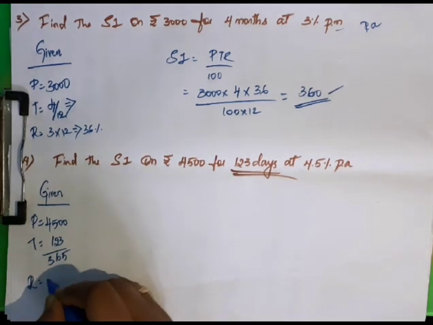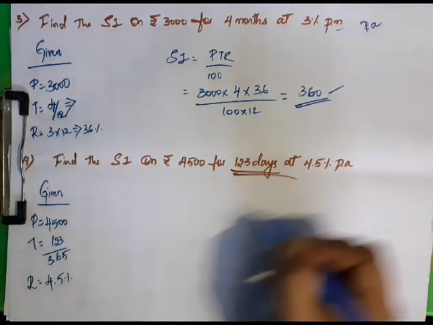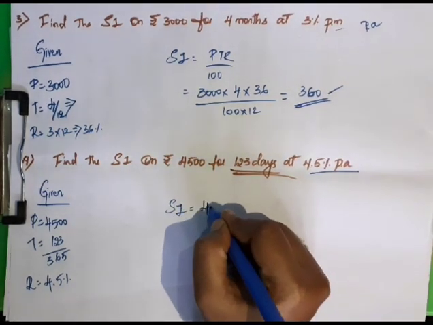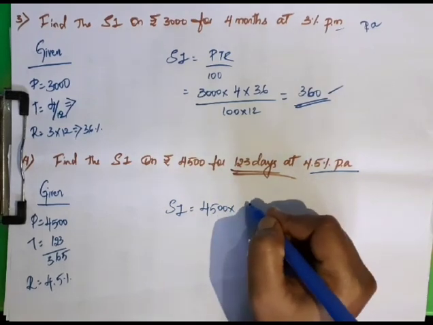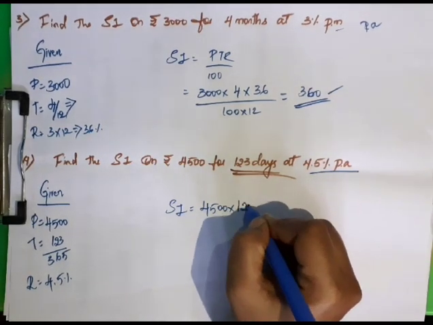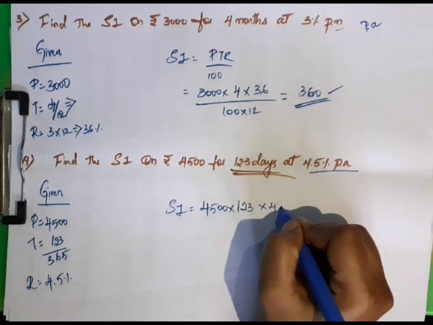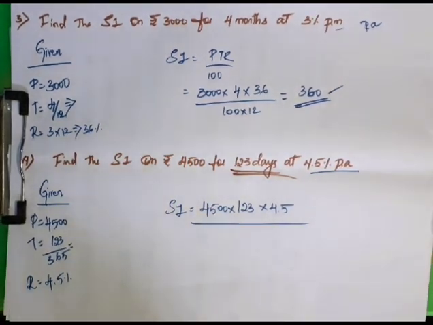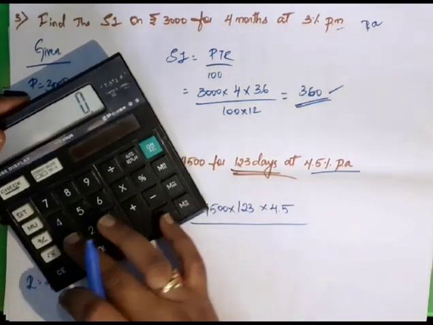R is equal to 4.5% per annum, so no changes in that. So it is 4500 into 123 into 4.5 divided by 100. You can divide and write the fractions here itself if you want. So I'll show it to you.